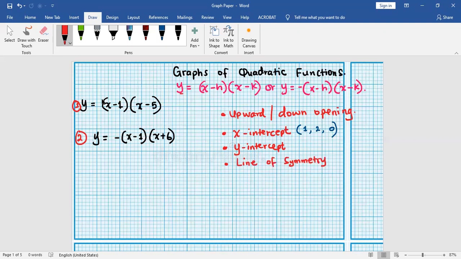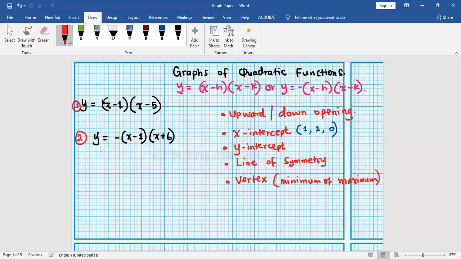Then also, we looked at what we called the vertex. We said that the vertex is the minimum point or maximum point.